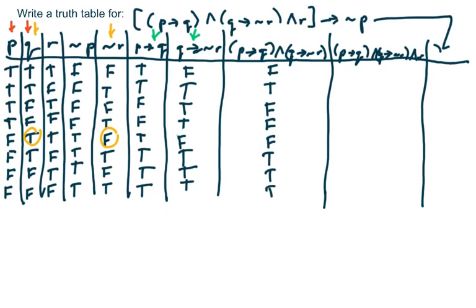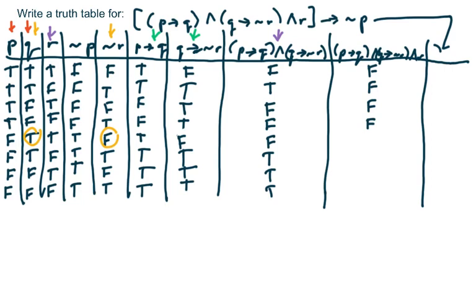Next, and I'll need another color, we will be looking at the column we just created and the column for R way back over here. Again, it's a conjunction, so it's an and statement. Both statements have to be true for the statement to be true. Let's check this out. So first, looking at the purple columns, I'd have a true and a false. That would be a false. And then a false and a true, that would be a false. And a true and a false, still a false. And a false and a false, still a false.